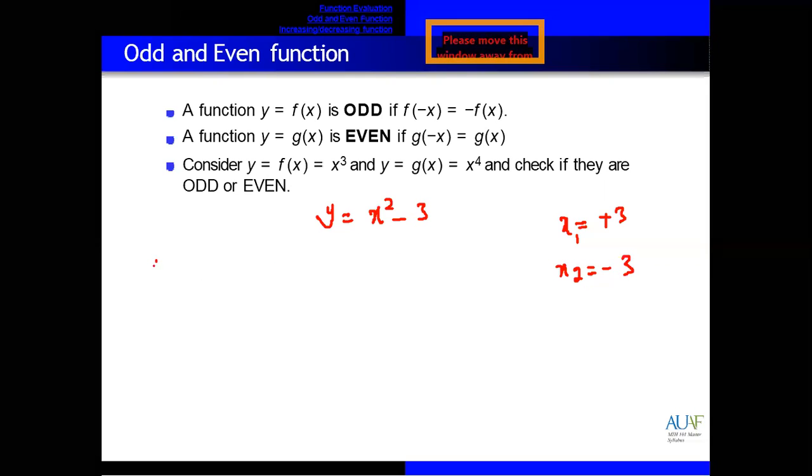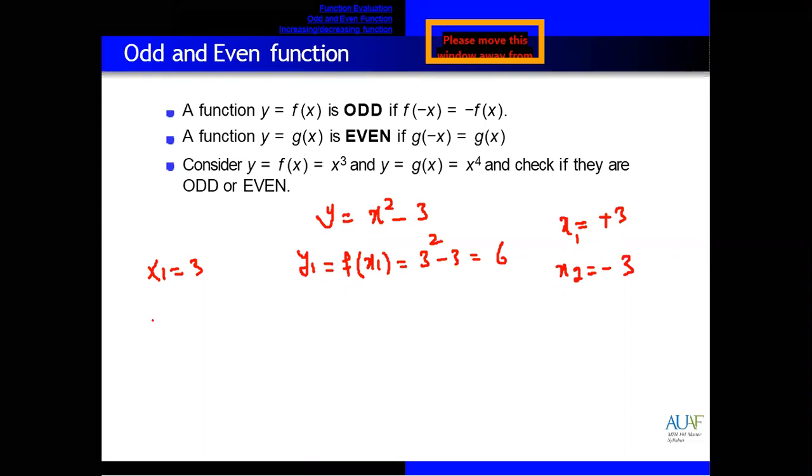Let's suppose first x1 is equal to plus 3, so y1 equal to f of x1, where x1 is 3, so we have 3 square minus 3. 3 square is 9, 9 minus 3 equal to 6.